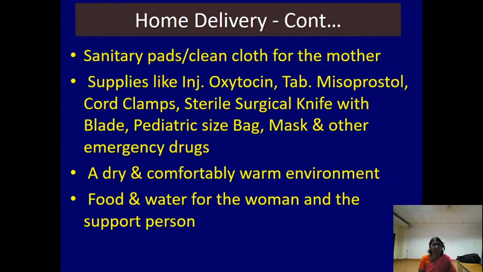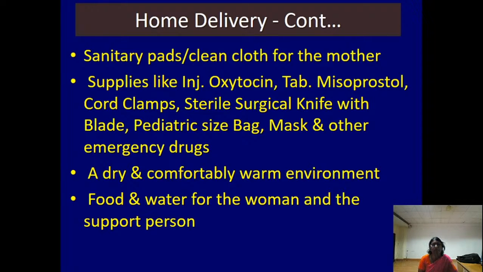In addition, there are supplies of oxytocin and Misoprostol tablets, cord clamps, surgical knife, blade, pediatric plastic bag, and mask, because sometimes the baby will have asphyxia. At that time the person who attends the delivery should be able to resuscitate the newborn. For that they need a mask and a pediatric size bag, etc., and the emergency drugs. All these are available with the skilled birth attendant.